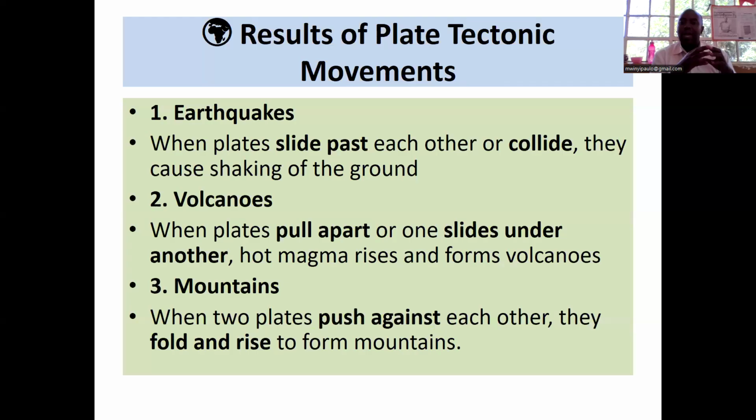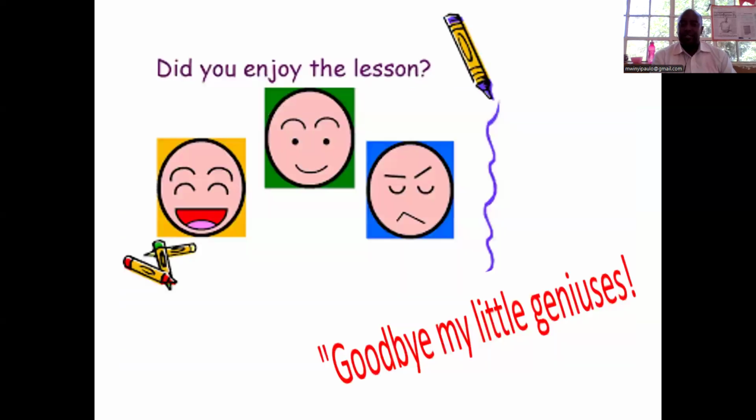When the plates pull apart, or one slides under another plate, hot magma rises and forms volcanoes. We also have the formation of mountains. When two plates push against each other, they fold and rise to form mountains.